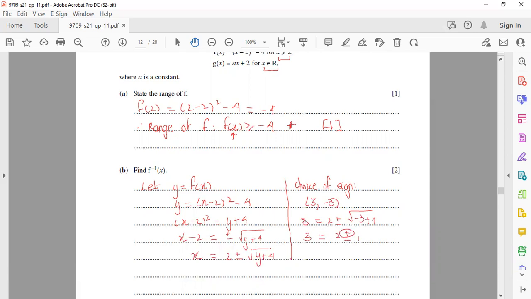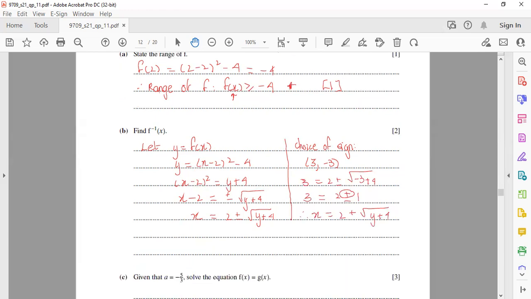So therefore, x is equal to 2 plus the square root of y plus 4. So my final answer for f inverse of x is equal to 2 plus the square root of x plus 4. I changed the y to x since I have f of x, and this is the answer. Here you get 1 mark for finding the inverse and 1 mark for correctly choosing the sign and giving the correct answer.